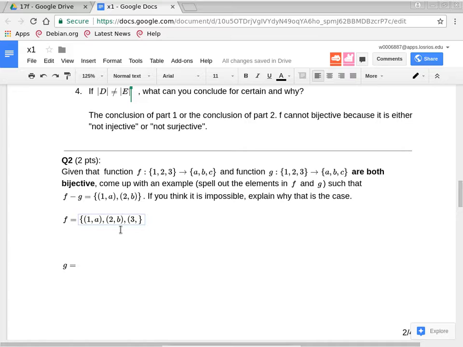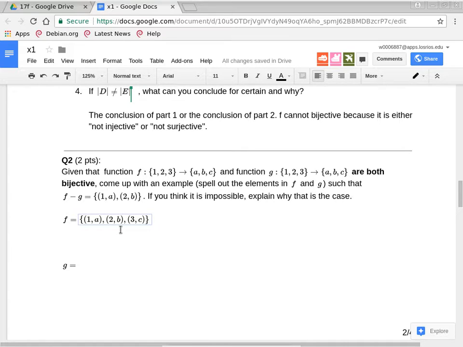So the missing tuple has to start with a 3, because that's the only element in the domain that has not been mentioned yet. Since it's bijective, it is injective and also surjective. If it is surjective, A and B are used already. C is the only one that is not used at this time. So the missing element has to map 3 to C.